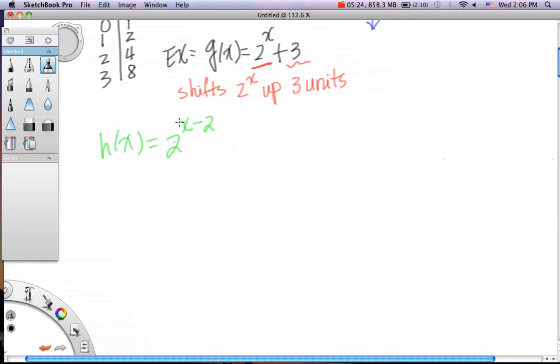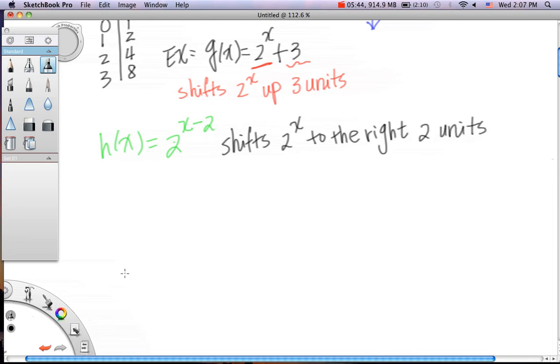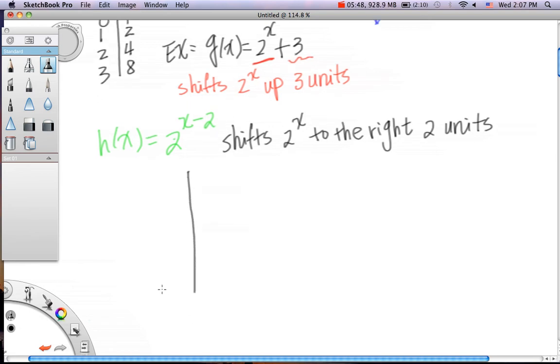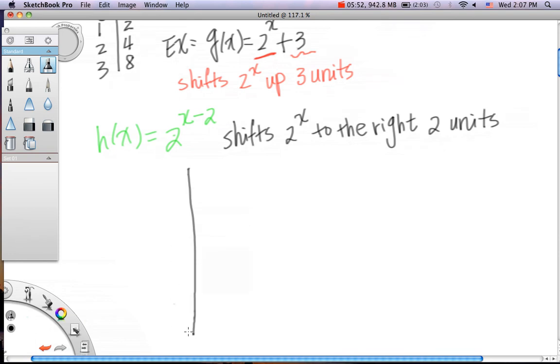Because you are subtracting 2 before you take the exponent, this is going to shift 2 to the x to the right 2 units. Let's just look at the graph one more time.